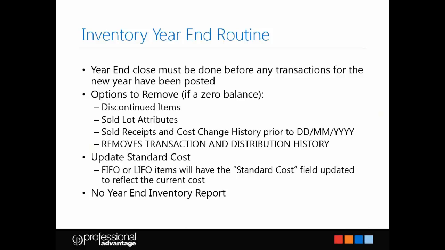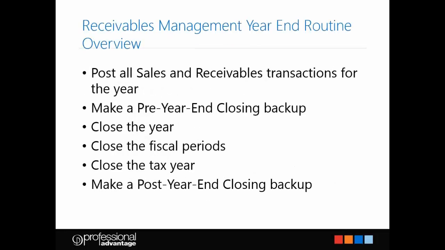So it's going to update the standard cost with that as part of the year-end if you tick this option. And as part of the inventory year-end, there will be no year-end inventory report printed, because it's not moving any balances around. It's purely moving transaction records from the current year bucket to the prior year bucket.